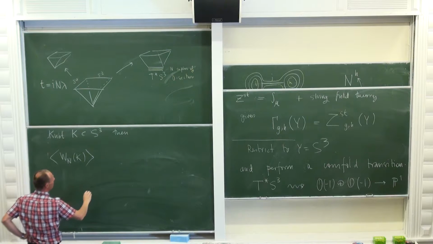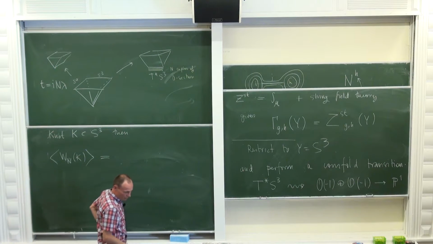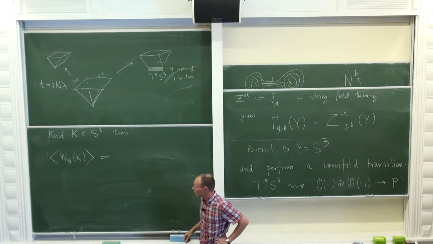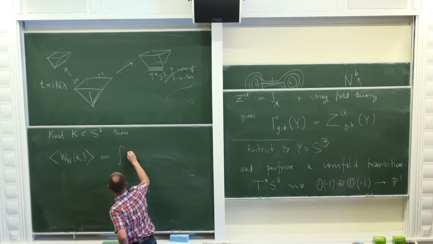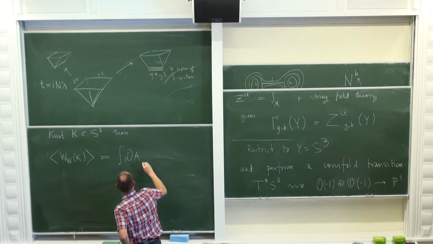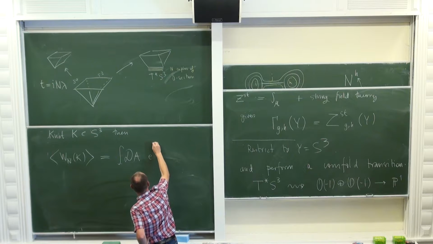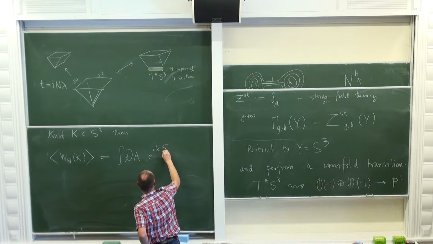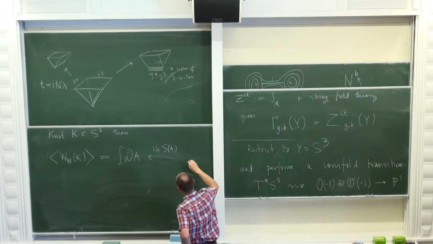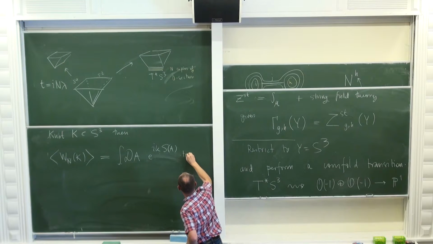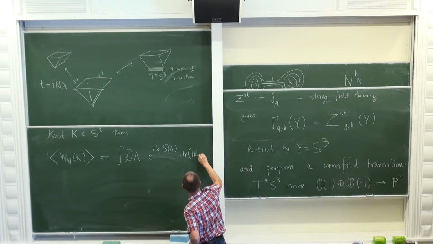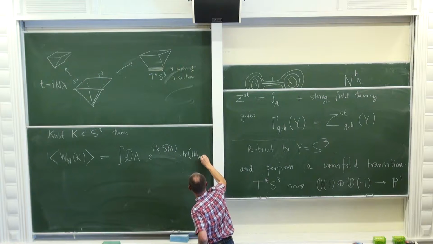The expectation value of the corresponding Wilson loop, so that means that you're basically taking this path integral again, and then you take the same thing as before, where you have a connection, but here you insert the trace of the holonomy of the connection A around K.